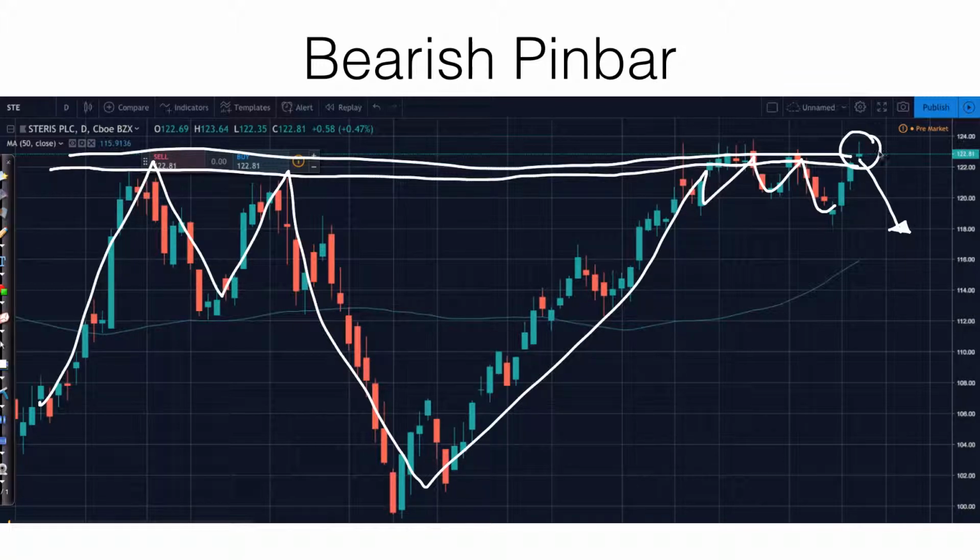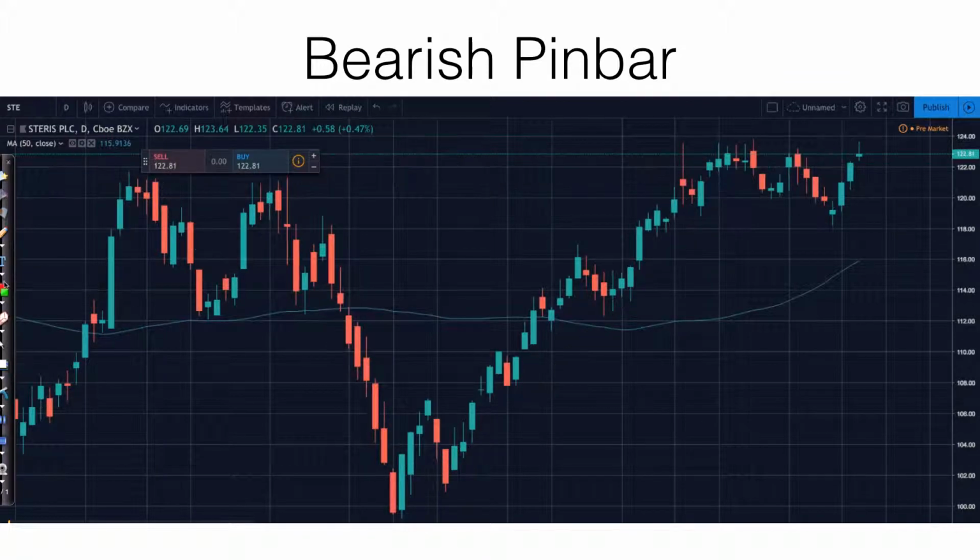It will be much better if after this candle we have another red candle, for example, like that. So if this happens, we will have more confidence that the price is actually going down. That's why I prefer usually to use the 2 or 3 candlestick patterns.